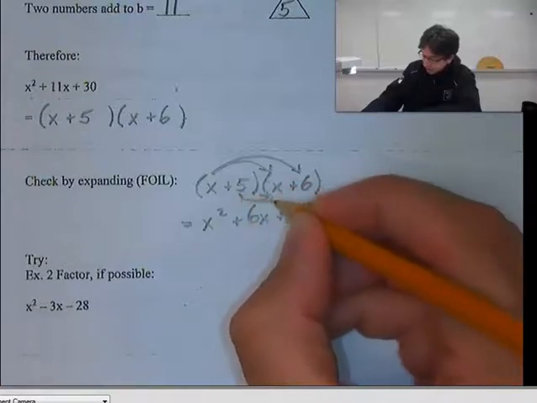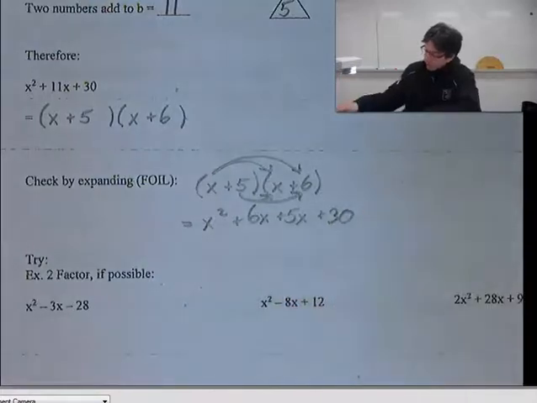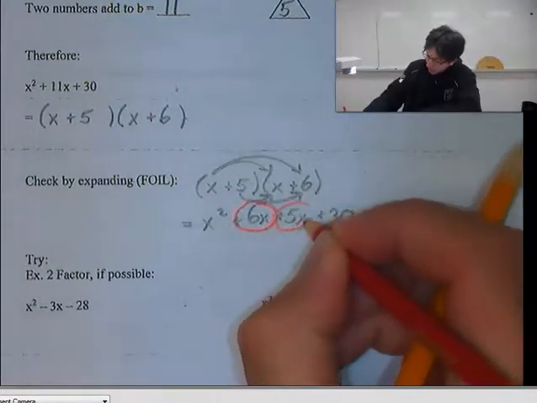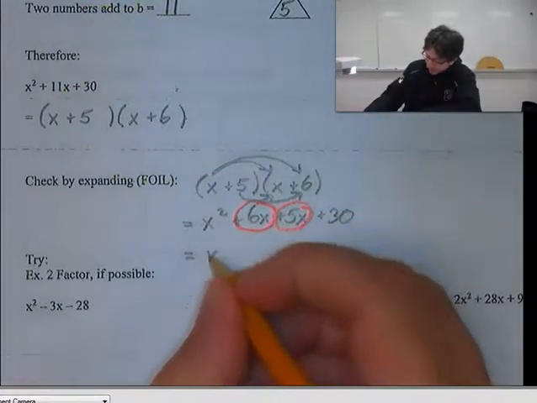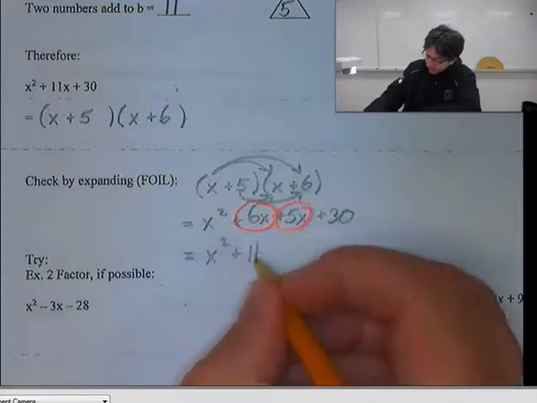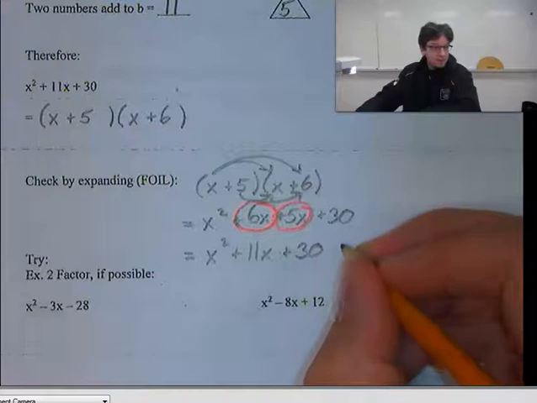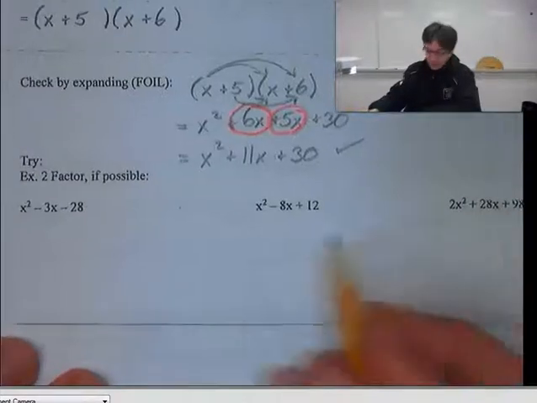And 5 times 6, which is 30. Right? Then we collect our like terms. So we have 6x and 5x, which add to give 11x. All right, so that's a good confirmation if you're ever unsure. Are there any questions?